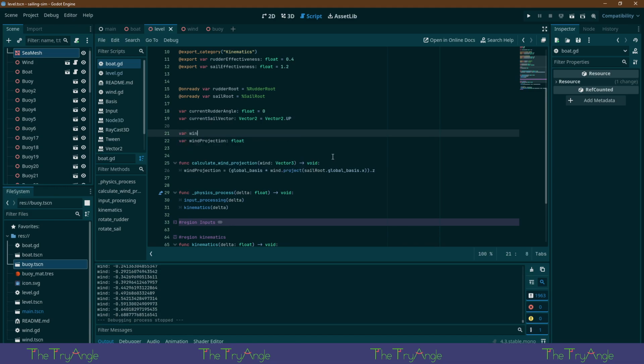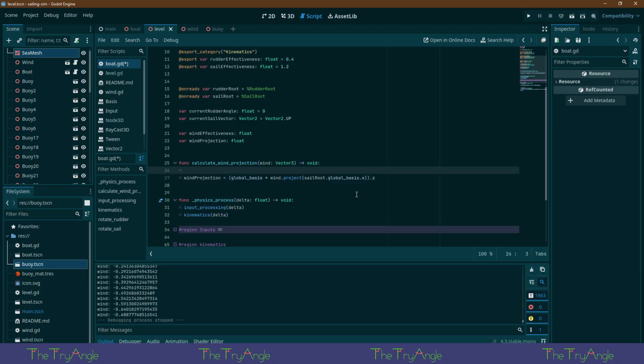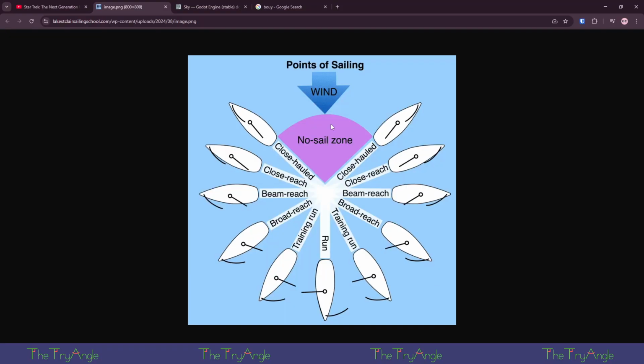Because as the wind is blowing upon us, it's going to be most effective when we're pointed away, when the wind's at our backs.